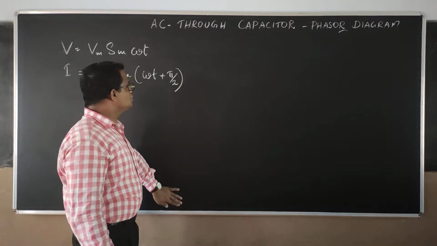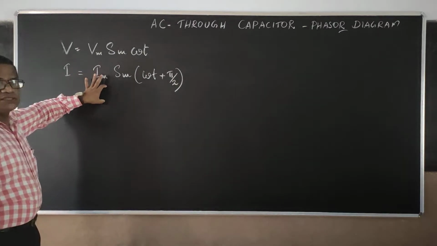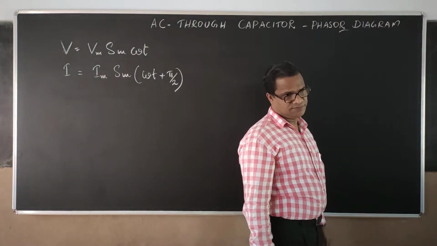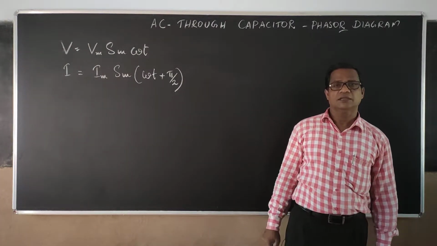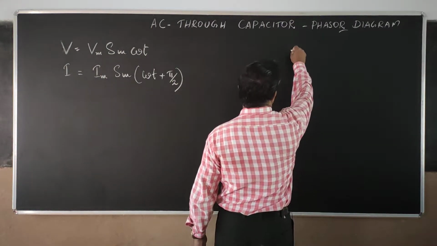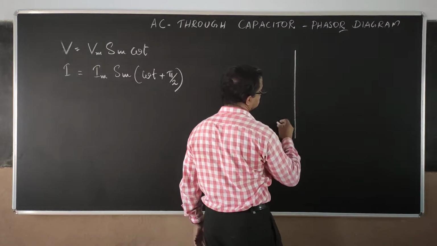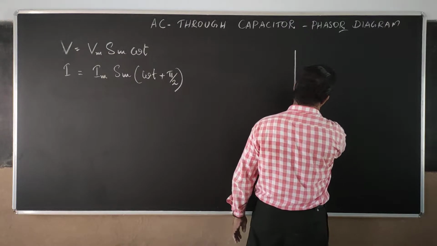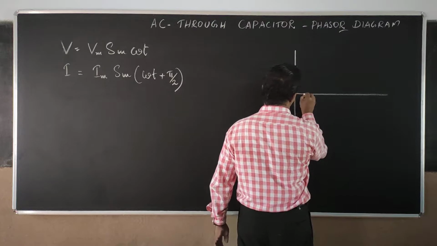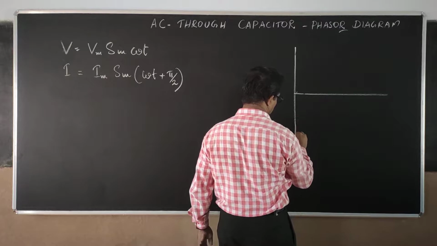Now, to draw the phasor diagram based on this, we have to consider the waveform first for the case. And that waveform I can consider here, this is voltage and current that we have.